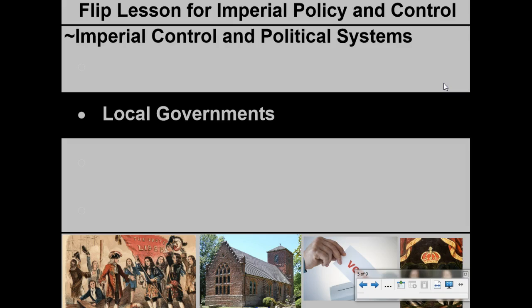But what we saw, no matter if it was the colonial government or the local governments, Americans, colonists, they learned to cherish their privileges and duties as citizens. And as we get ready for the revolution to start, the colonists, they weren't a true democracy, but they were more democratic than England and probably the rest of Europe.